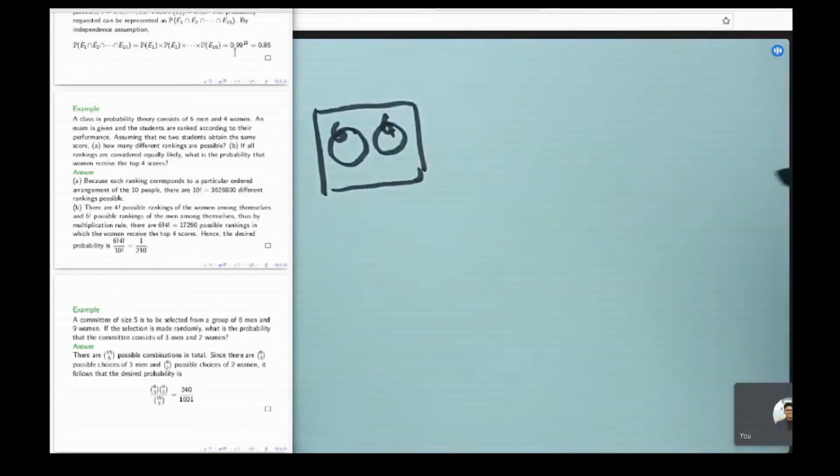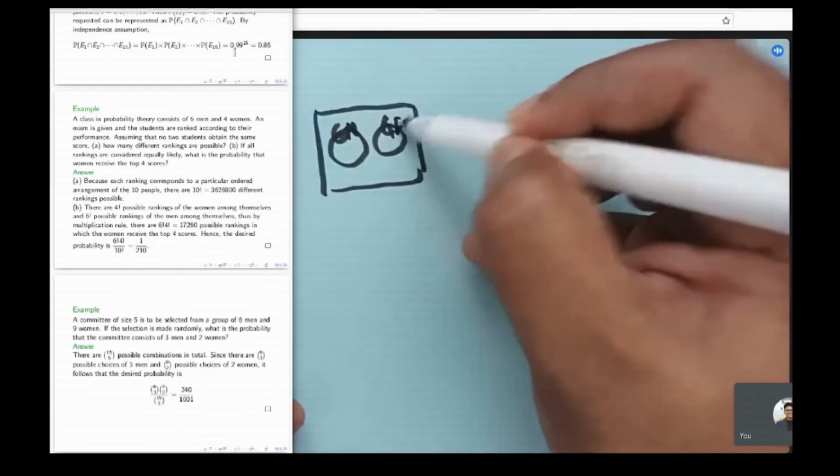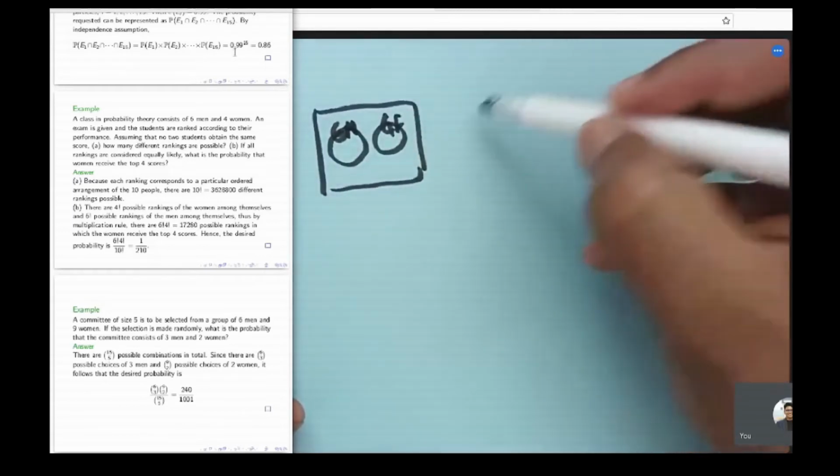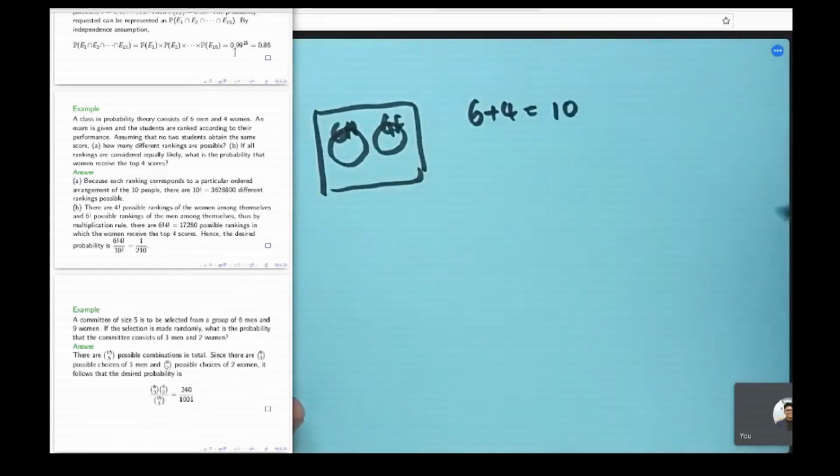An exam is given and the students are ranked according to their performance. So you have altogether 6 men and 4 women. So 6 plus 4, we have 10 students, 10 people there.